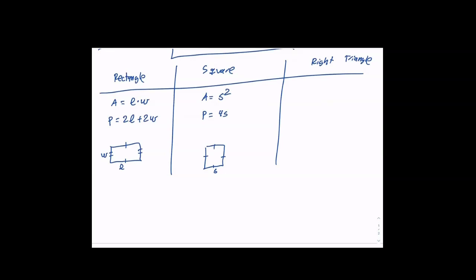On a right triangle, actually let me draw, I should have drawn those shapes first. We're going to call the legs X and Y, and the hypotenuse Z. The first relationship you should know is the Pythagorean relationship between all 3 sides: X squared plus Y squared is equal to Z squared.